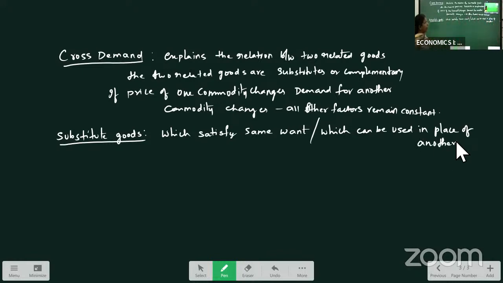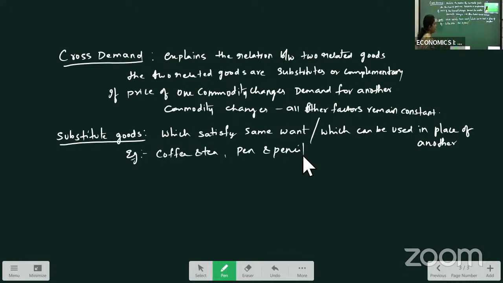Instead of one, we can use another commodity. Those goods are called substitute goods. Example: you have to give an example compulsorily in your 2 marks question here. What are examples? We can take coffee and tea, or you can take pen and pencil.